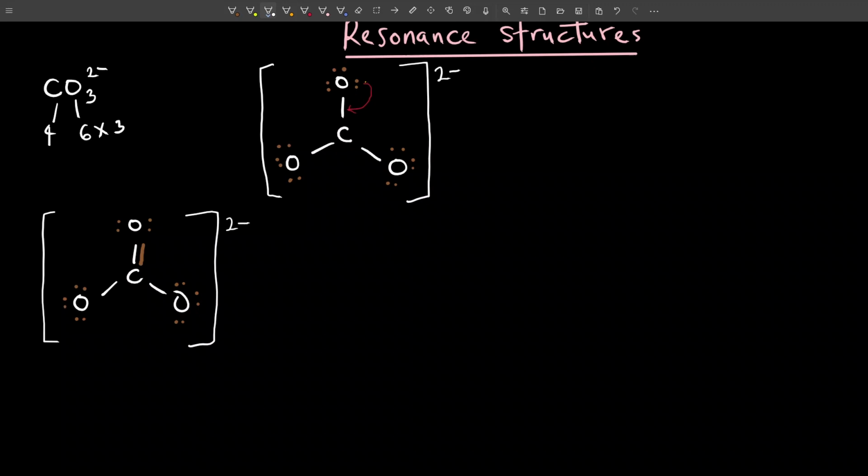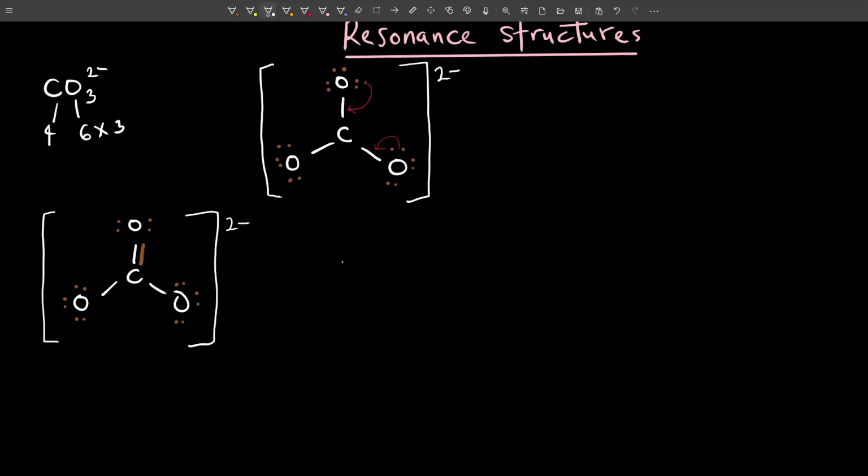Now another way we can draw this structure is, instead of taking a lone pair from this top oxygen, you can take it from this oxygen instead, where this lone pair becomes a shared pair and comes over here. So how is that going to look? It looks something like this.